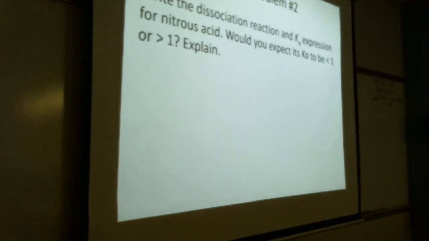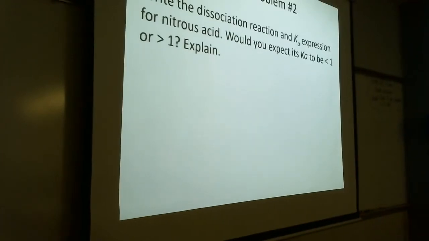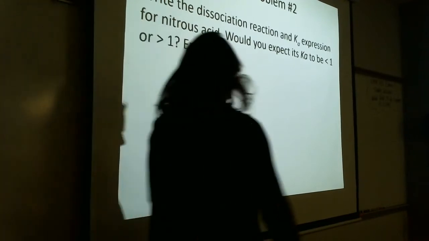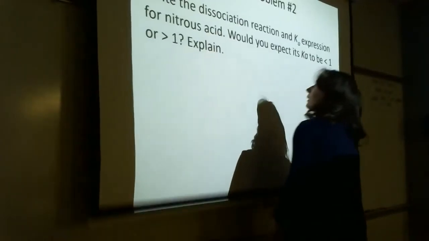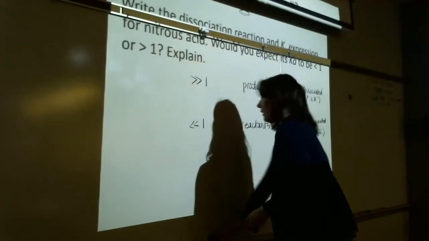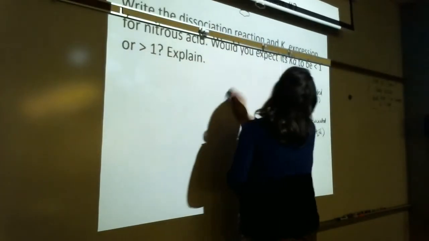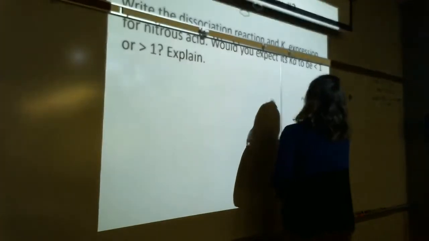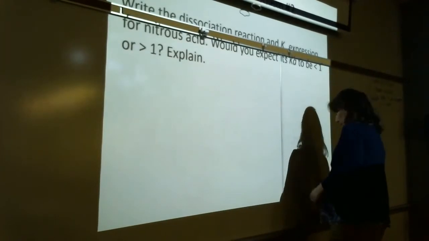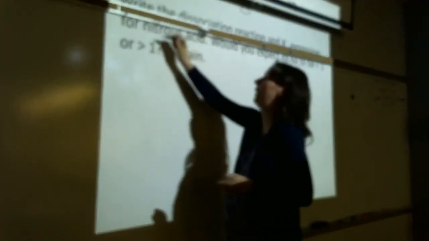Okay, for nitrous acid, write the dissociation and Ka, and then would you expect the Ka to be less than 1 or greater than 1? We're running short on time, so we can just do this one together. What is the formula for nitrous acid? Nitrous comes from what anion?